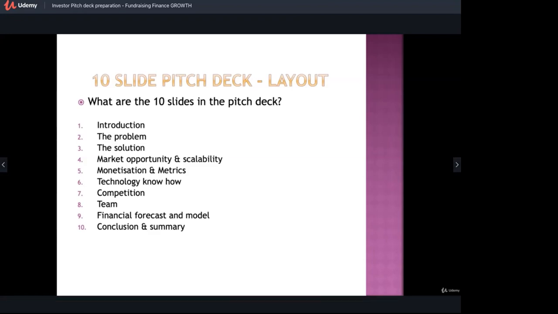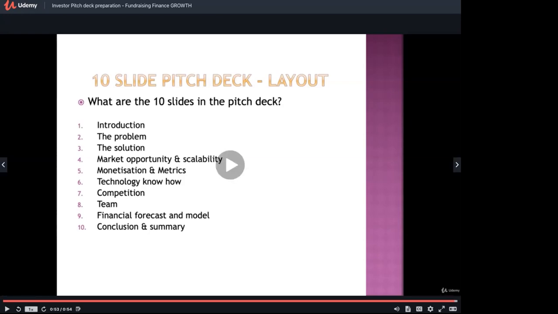The solution. 4. Market opportunity and scalability. 5. Monetization and metrics. 6. Technology know-how. 7. Competition. 8. Team. 9. Financial forecast and model. Finally, 10. Conclusion and summary.